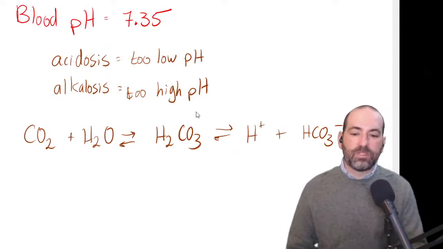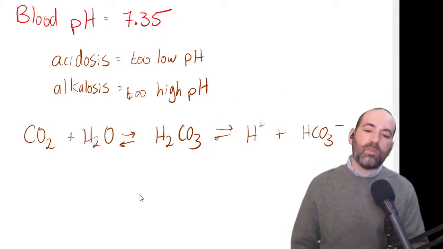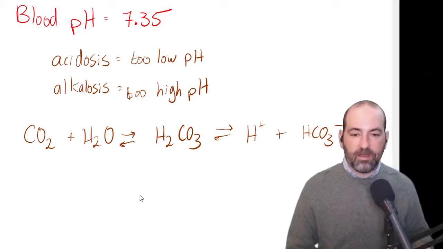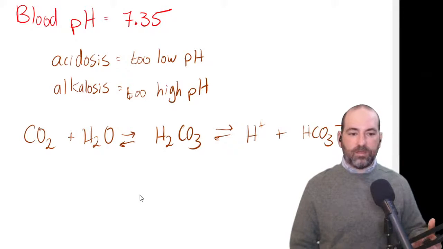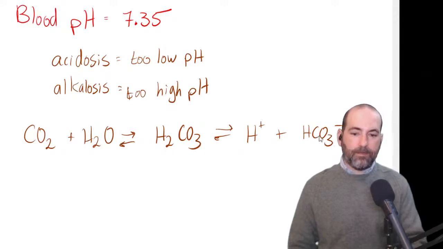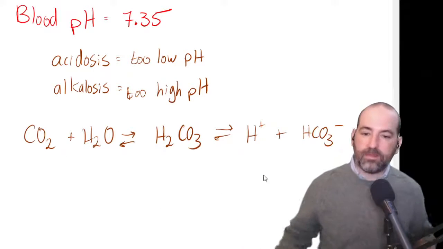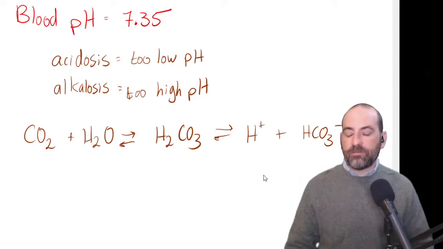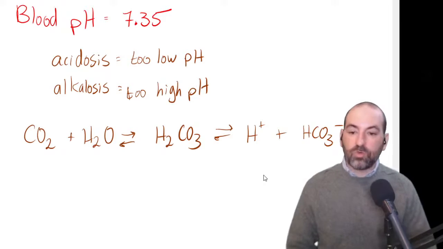And so this becomes the buffer system where you make carbonic acid, which can then become its conjugate base, bicarbonate. It's almost like a circle. These things can all become each other. They react, they go back and forth. But the amount of carbon dioxide in your blood can control your pH.